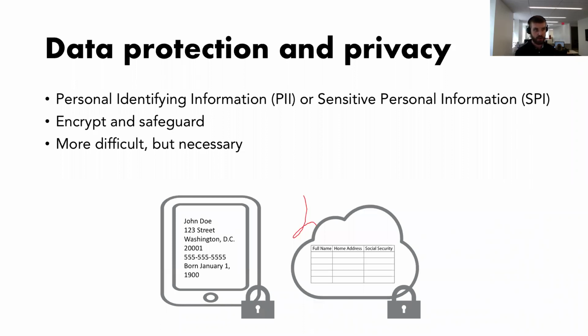So you need to encrypt and safeguard as necessary. Although it may be more difficult, it's definitely a needed thing. You need to protect the data of people that you're collecting and make sure that you do all the proper things, like get permission and tell them how you're going to use their data.